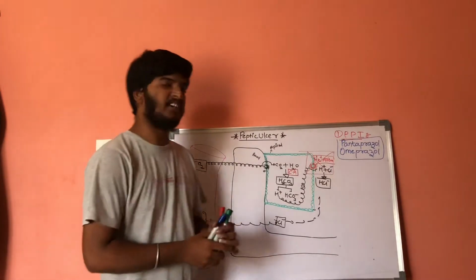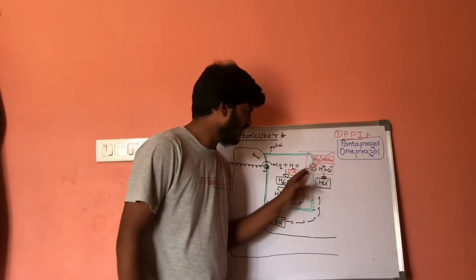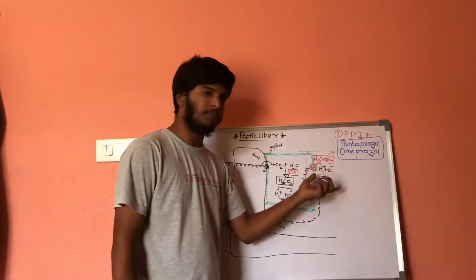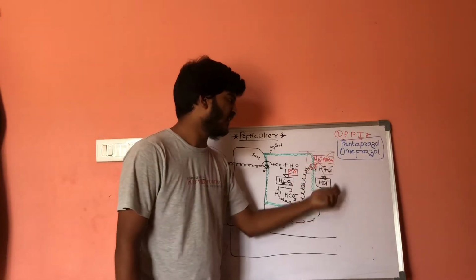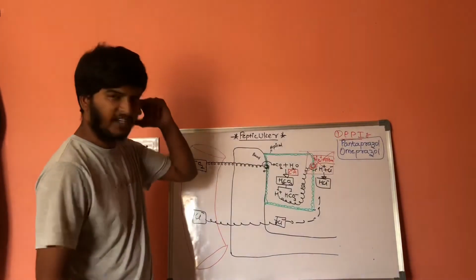If there is excessive secretion of HCl, these drugs will block the proton pumps. If the proton pumps are blocked, H plus cannot move outside. If there is no movement of H plus ions, there is no formation of HCl. As a result, there is a decrease of HCl.